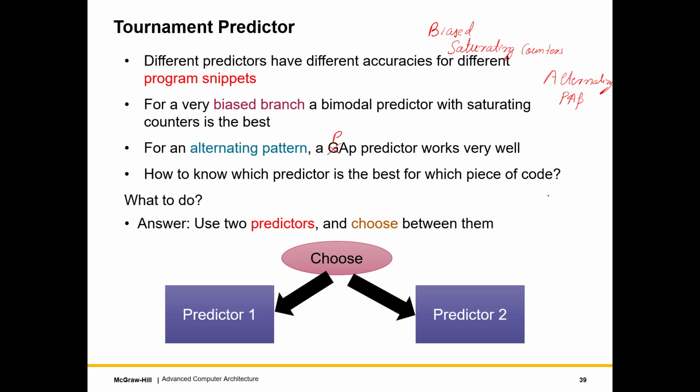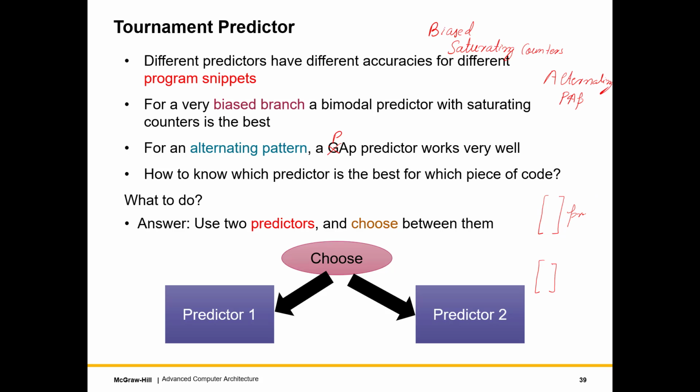Because for a highly biased region, we should ideally use a saturating counter based prediction because it will work best. We can always use a PAP predictor, but the larger the predictor, the longer it will take to train, and the more the resources and overheads. So what we should ideally do is, for different regions of the code, depending upon their behavior, use different predictors.